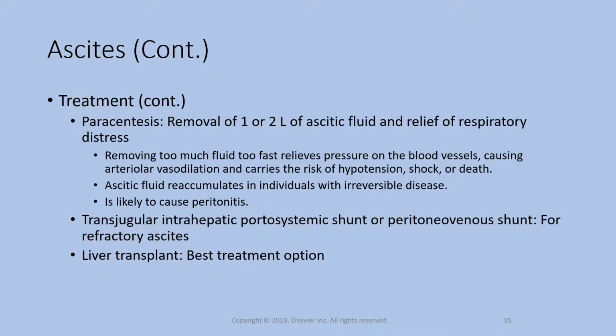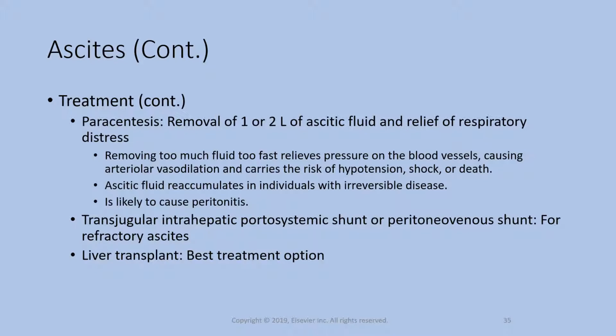The typical treatment for ascites is paracentesis, and you see it's 1 to 2 liters. That's going to relieve the distension and respiratory distress. In oncology, the depiction that you saw previously is not 1 or 2 liters of fluid. This is probably 5 or 6 or 7 liters of fluid.